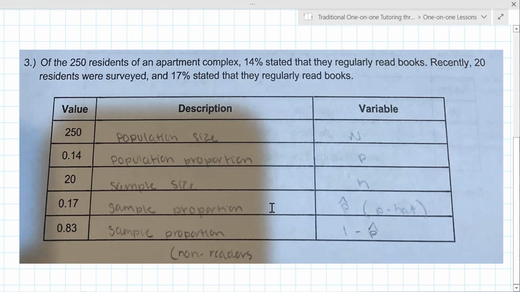So I think of it as the thing that you're of interest. But you have to give it some context. So it's the sample proportion that read books. You would actually want to say that here, that read books, maybe even regularly read books. I think your instructor wants you to be that explicit here.